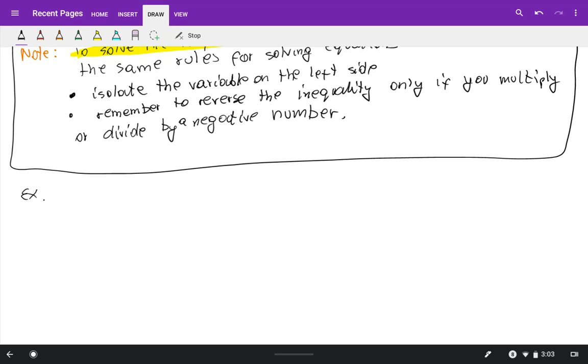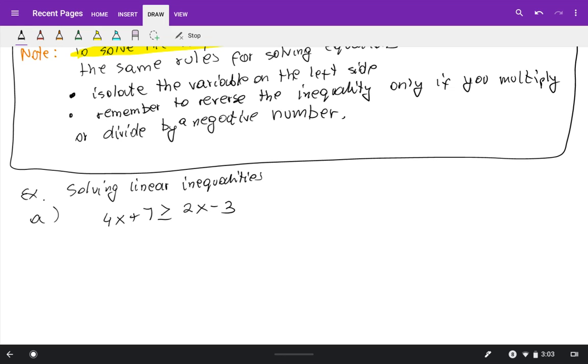So example, solve the inequality. The first one will be 4x plus 7 is greater than or equal to x minus 3.